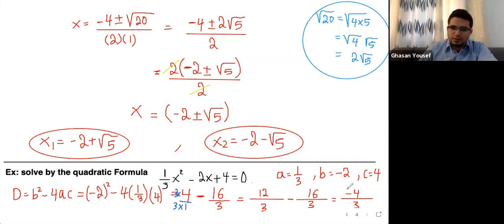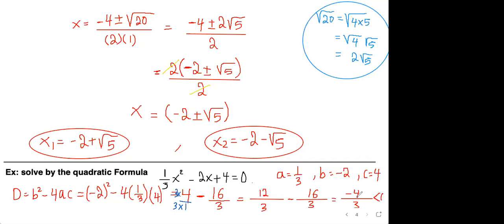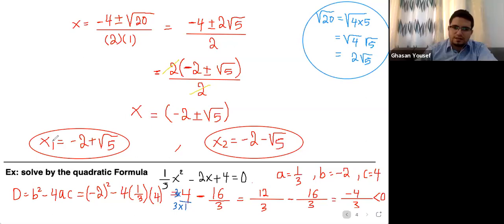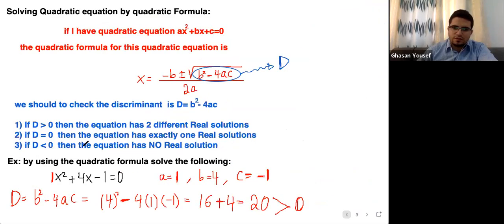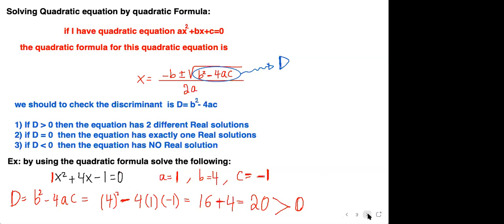What is the sign of the discriminant? Less than 0. What does that mean? If the discriminant is less than 0, the equation has no real solution.